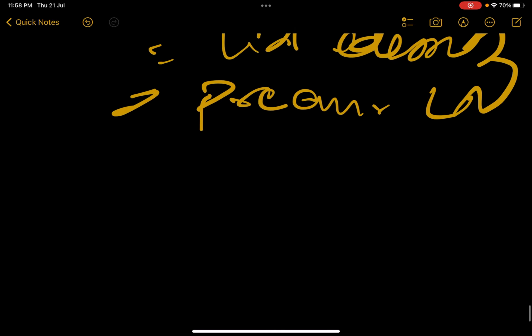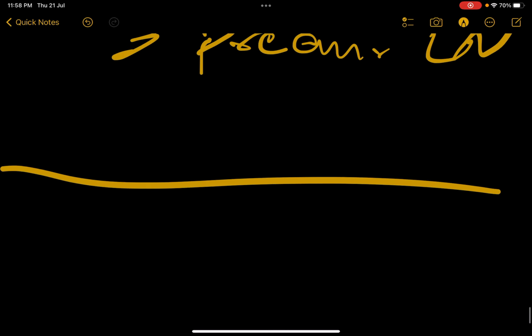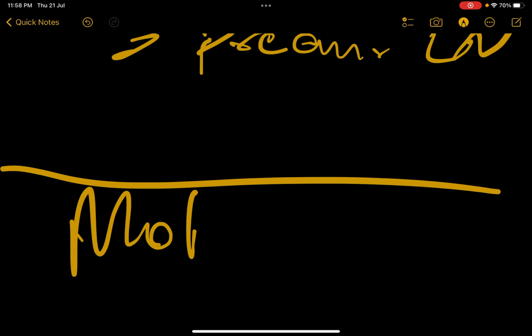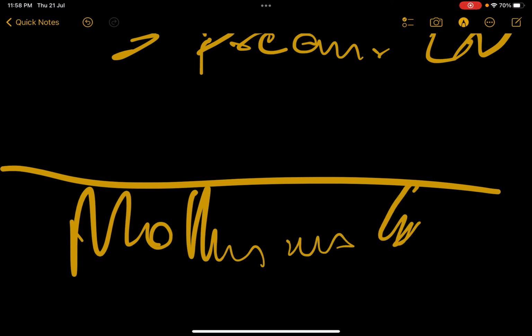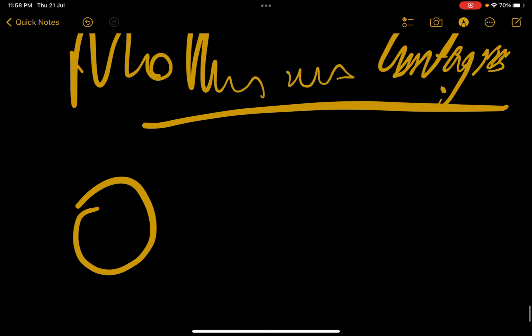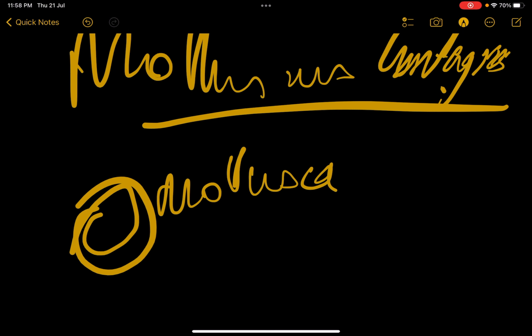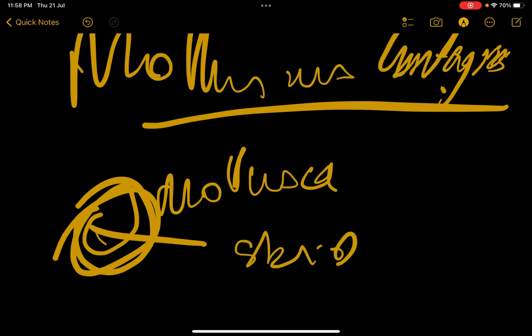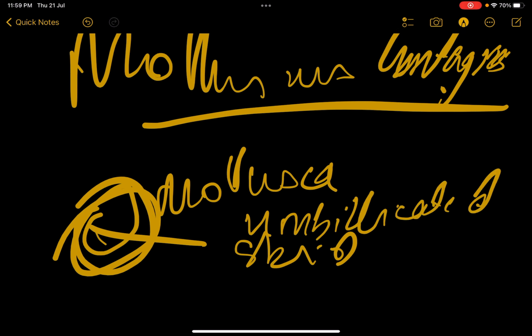I love it. And the third that we had spoken about is molluscum contagiosum. So molluscum contagiosum is basically a very important lesion, usually on the skin. It's an umbilicated nodule, which you could check in the dermatology video.